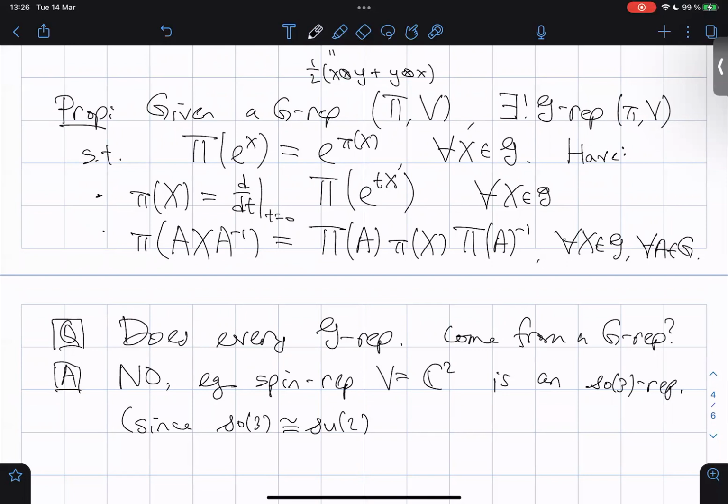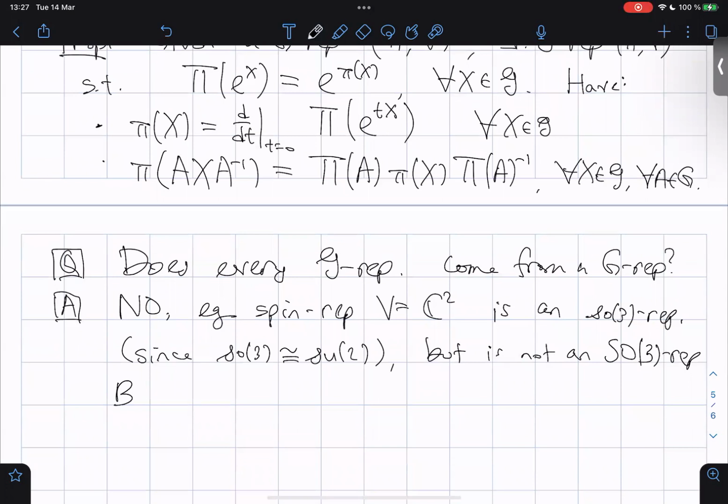I'll recall the definition of SU2 shortly, but little su2 is a bunch of complex 2x2 matrices, skew-Hermitian, trace-free. Because the standard realization of SU2 is as 2x2 complex matrices, of course that acts on C2, but it is not a big SO3 representation.